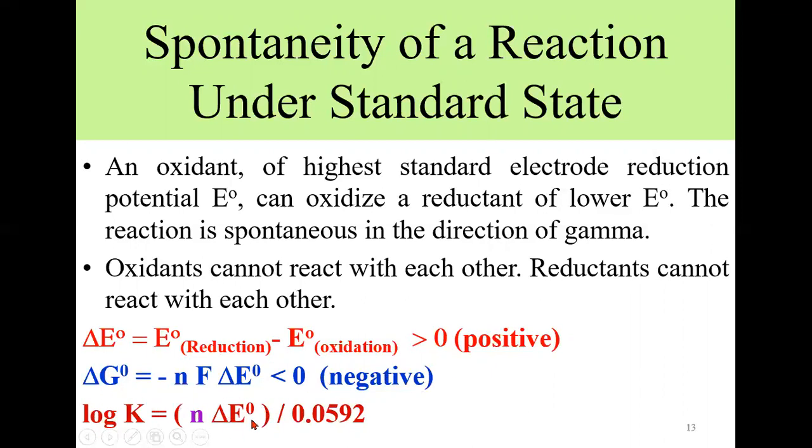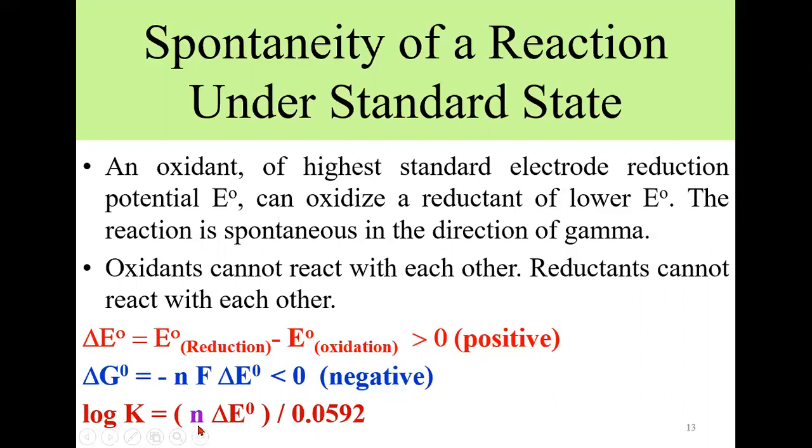Once we have the delta E naught as well, we can always get the equilibrium constant for the redox reaction. The log of K equals n delta E naught divided by 0.592, where n is the total number of electrons transferred.